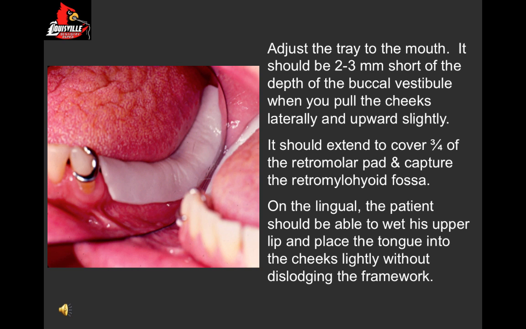It should be 2 to 3 millimeters short of the depth of the buccal vestibule when you pull the cheeks laterally and upward slightly. It should extend to cover 3/4 of the retromolar pad and capture the retromylohyoid fossa. On the lingual, the patient should be able to wet his upper lip and place the tongue into the cheeks lightly without dislodging the framework.